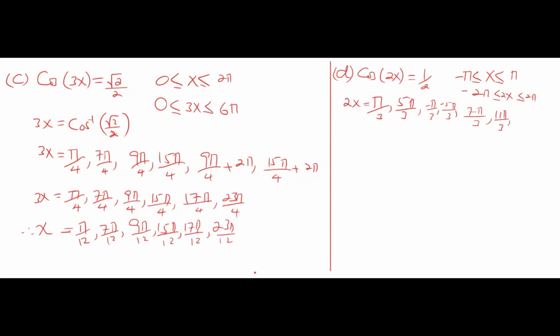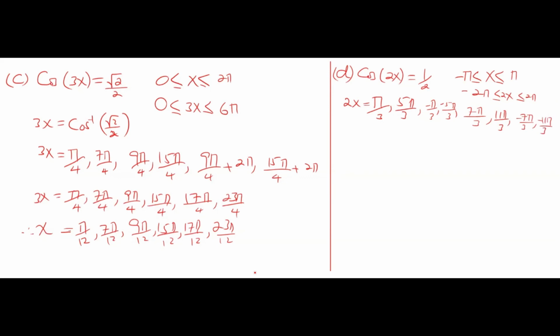If I add 2 pi to this, I get that. And if I go in the clockwise direction and add negative 2 pi, well, that gives me negative 7 pi. Negative 11 pi on 3.